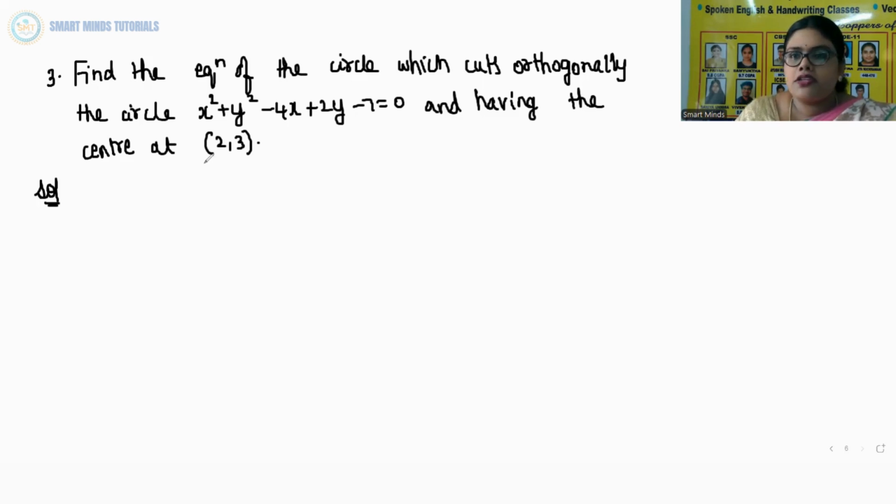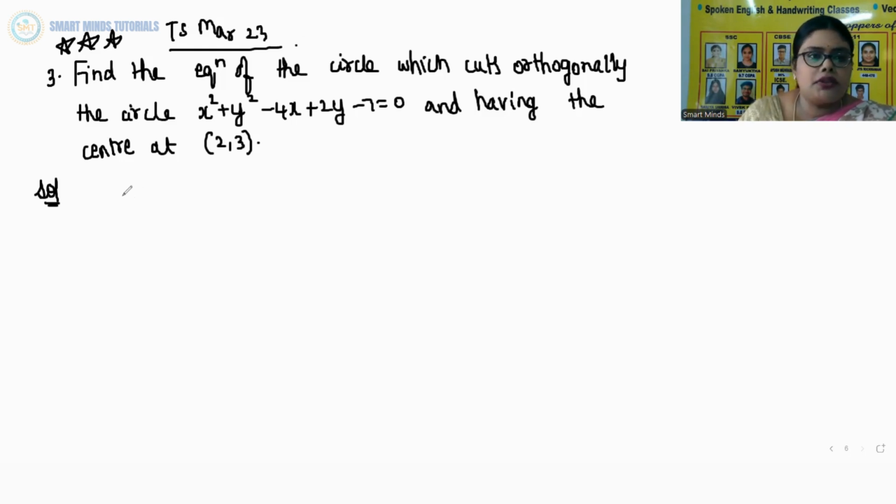Now take this next question. This is also very, very important. It came in TS March 23. So the question is, find the equation of the circle which cuts orthogonally the circle x square plus y square minus 4x plus 2y minus 7 is 0 and having the center at 2, 3.